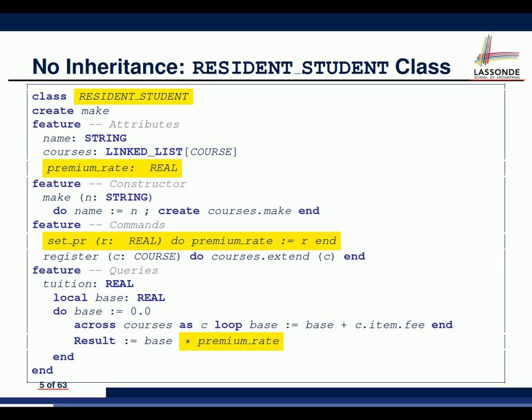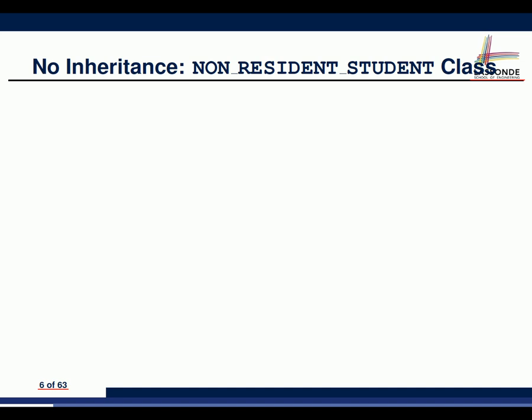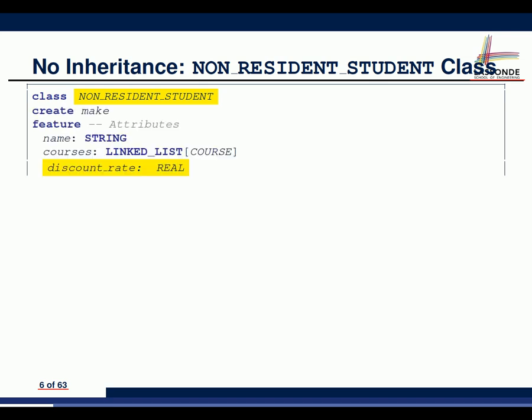So now if I go to the next slide, let's see how we create the other class, non-resident students. We got non-resident student here, and we got a creation procedure here. You can see we still have to duplicate the declaration for name and courses, the same. And then we got discount rate, which is different.